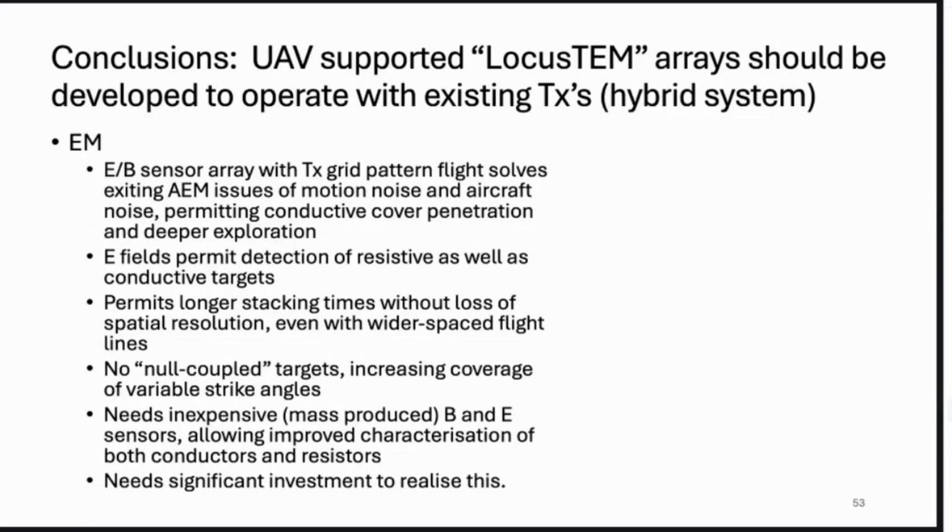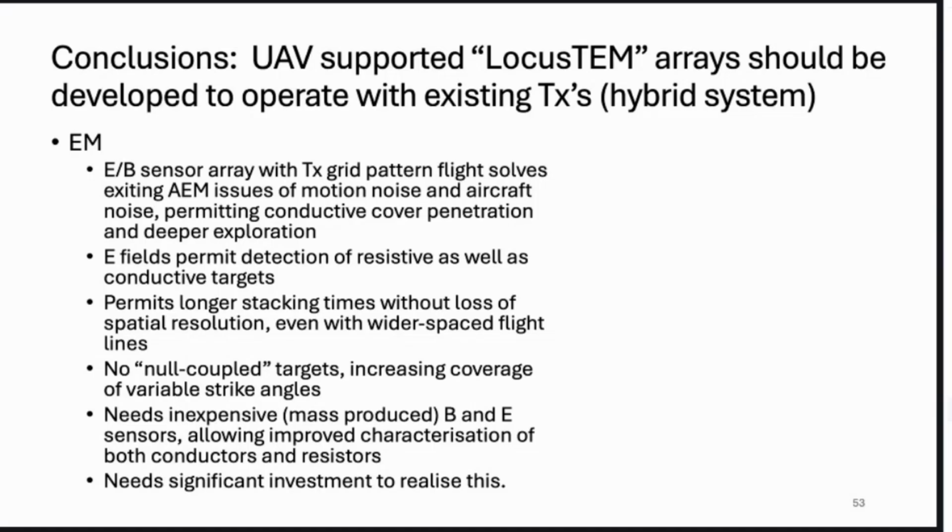Measuring E fields, we get detection of resistive as well as conductive targets. You can get longer stacking times than you do in flight because you're not trying to work with quite such high resolution. There are no null-coupled targets, so strike angle doesn't matter, you can fly in any direction.